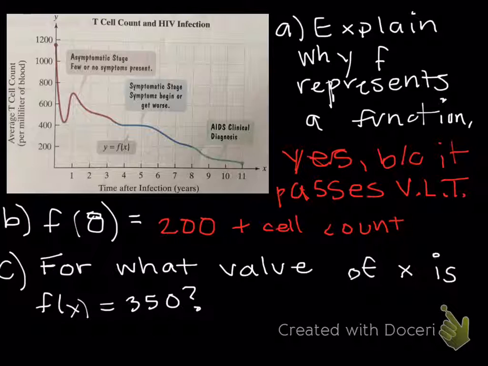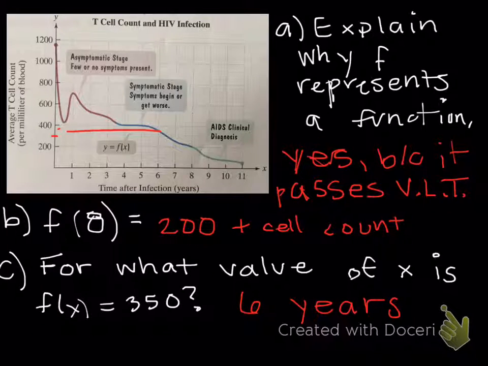So now they're giving you the output, they're giving you the y value, so we need to go to our graph on the y-axis. So 300 is exactly halfway between 200 and 400, so 350 would be halfway between that. So we're going to kind of travel our way over, and notice it's going to be intersecting at 6 years, so the answer would be 6 years for this problem.